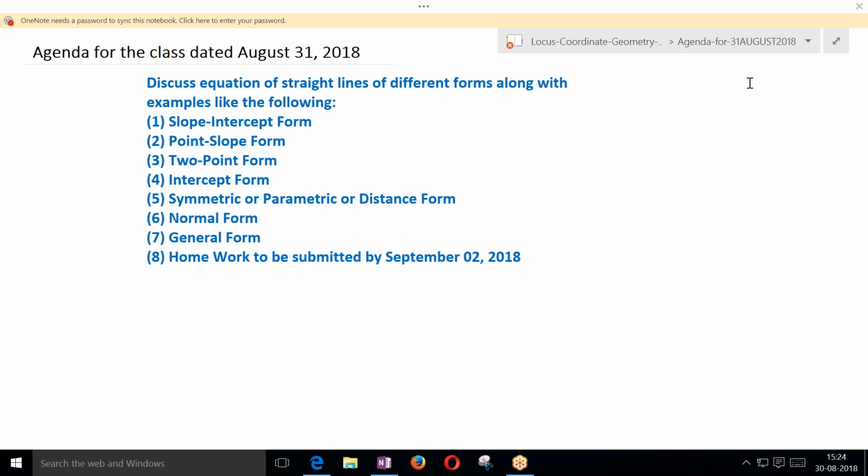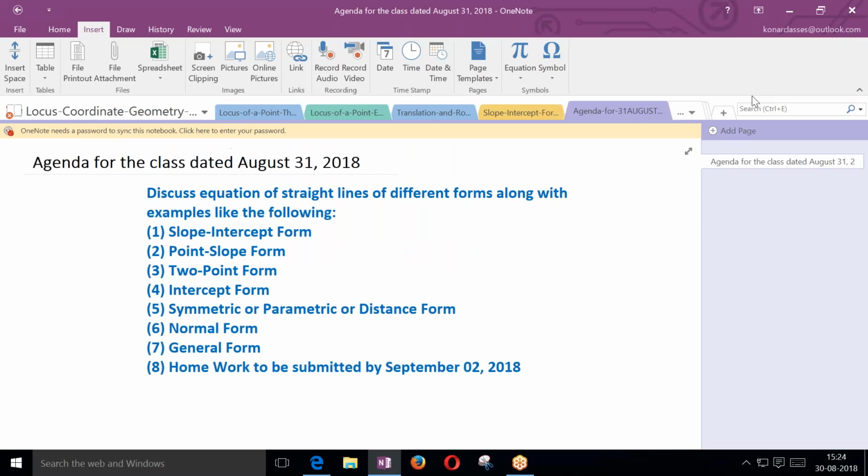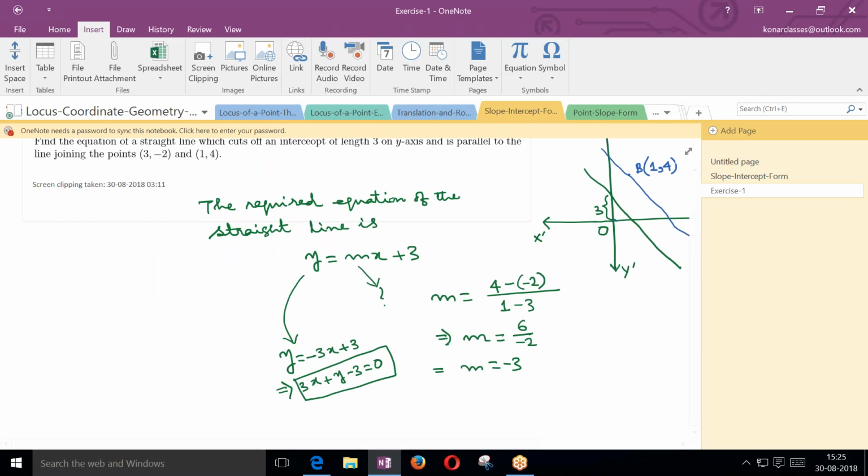The first one we're going to discuss is the slope-intercept form. But before that, let me tell you one fundamental point: whenever the equation of a straight line has to be found, 2 pieces of information must be given.